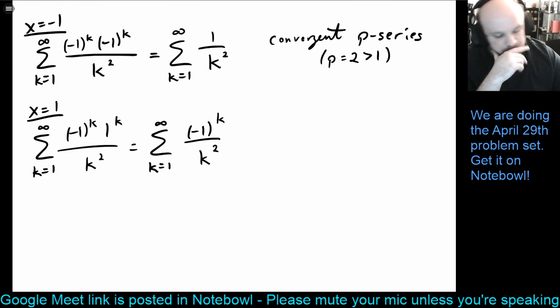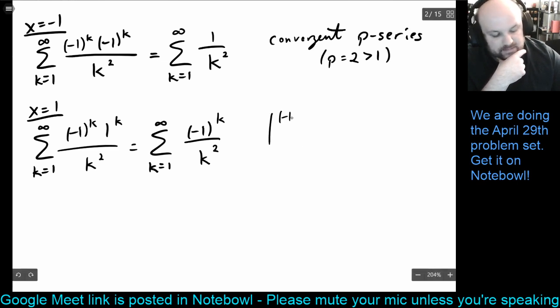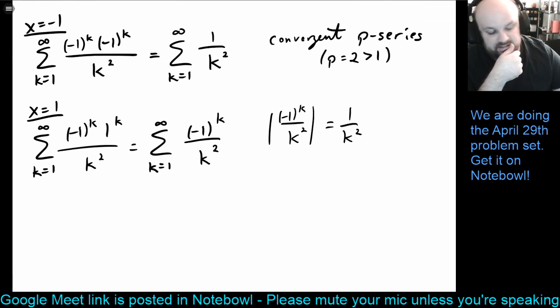Well, this series has to converge, because this series does. If you look at the absolute value of this, if we were testing whether this converges absolutely, this would be 1 over k squared. And since this series converges, this one must also converge.